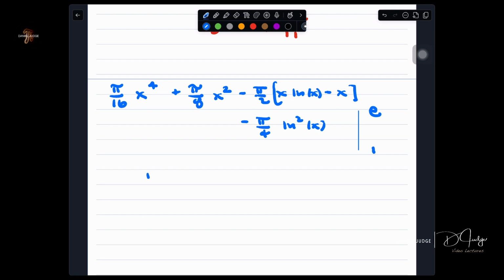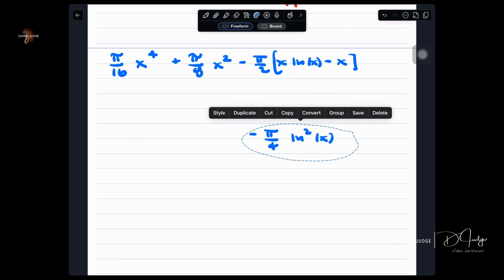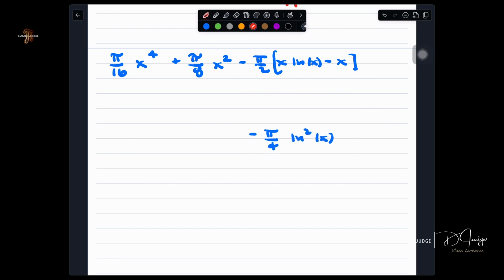So we're going to have to find f of e minus f of 1. And I think what I want to do first, before we go there, is maybe distribute here. Okay. Let's make it a little bit cleaner. This is going to be this portion right in here.